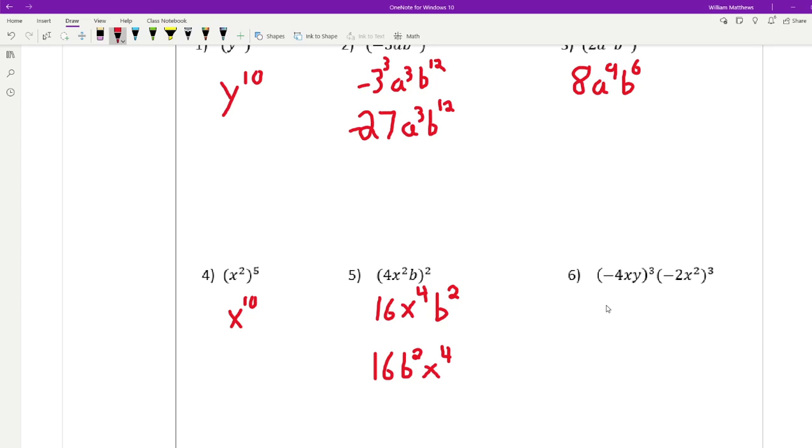Our last example combines the power of a power rule with the product rule. When we distribute this amongst each of the parts of the term, we get negative 4 to the power of 3, which will give us a negative 64.